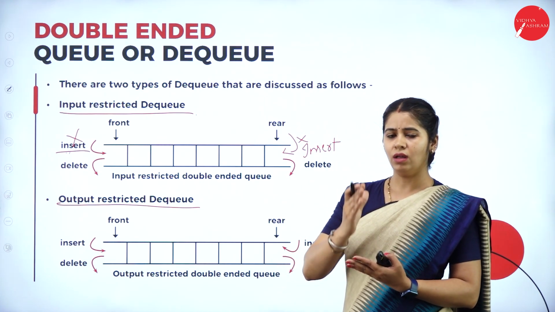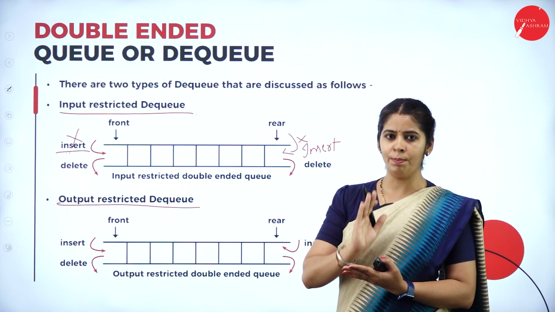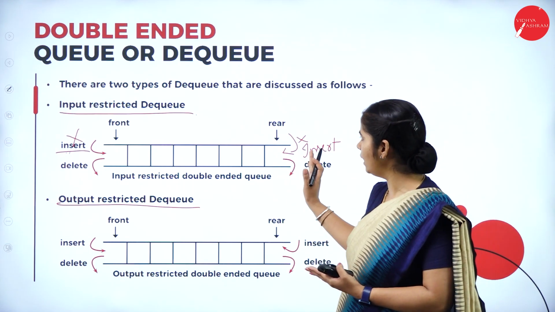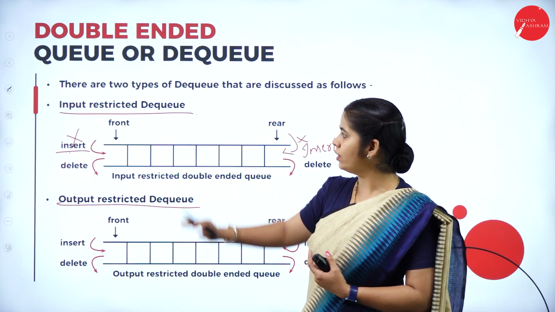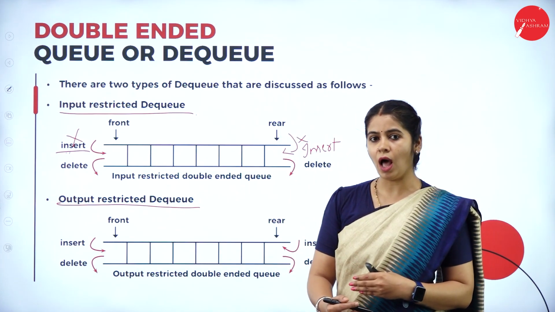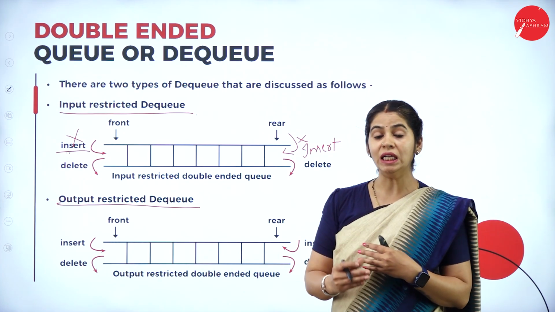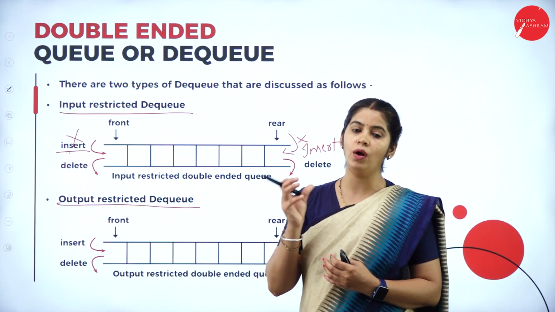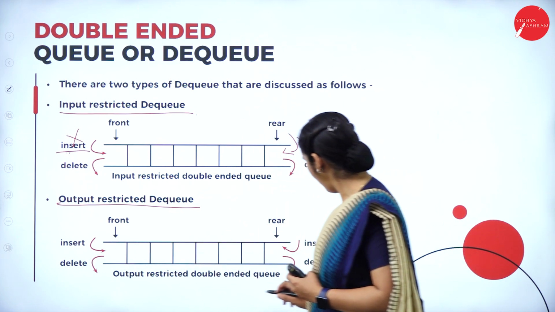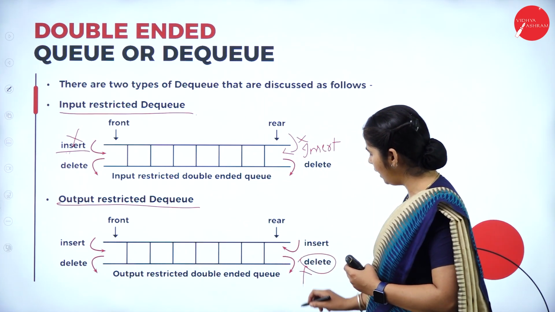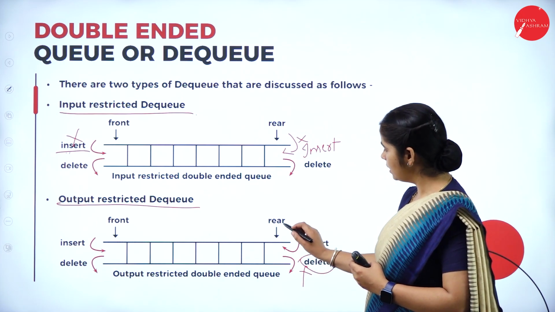You can insert at one particular point or one particular opening, either the rear end or the front end. That is an input restricted queue. Coming to the output restricted queue, we are putting a restriction on the output, or on deleting elements from the queue. Here we delete at one particular end, that is the rear end.